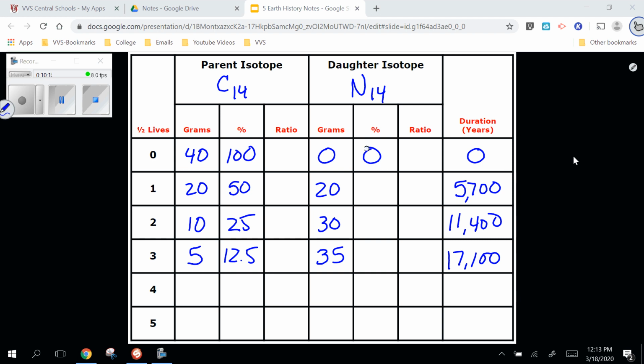One more, another 5,700 years: 17,100 plus 5,700 is 22,800. Half of 5 is 2.5 grams. That 2.5 gets added on here, so we're at 37.5 grams. That represents 6.25%.